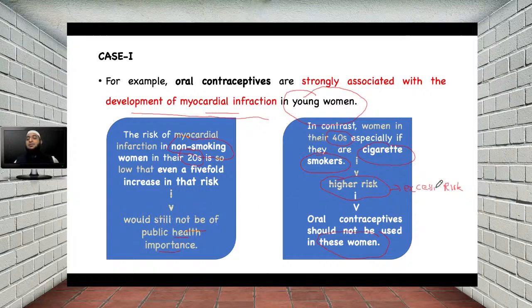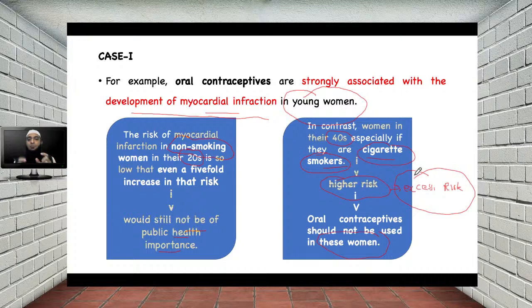But here there is a chance of excess risk because the age is advanced and those women are cigarette smokers. So the probability of causing myocardial infarction is higher in women in their 40s who smoke cigarettes. This is called the excess risk.